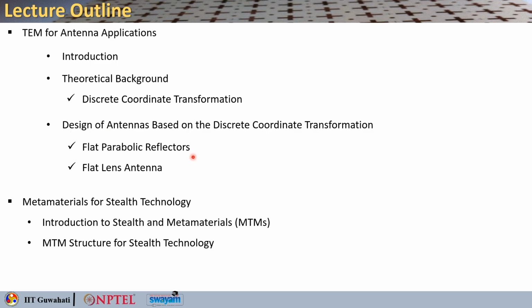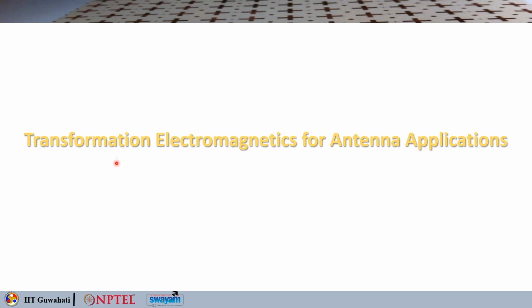We will discuss flat parabolic reflectors and flat lens antenna. Then we will move on to the topic of metamaterials for stealth technology, where we will introduce stealth and metamaterials, and we will see how metamaterial structures can be used for stealth applications. So, let us first focus on transformation electromagnetics for antennas.